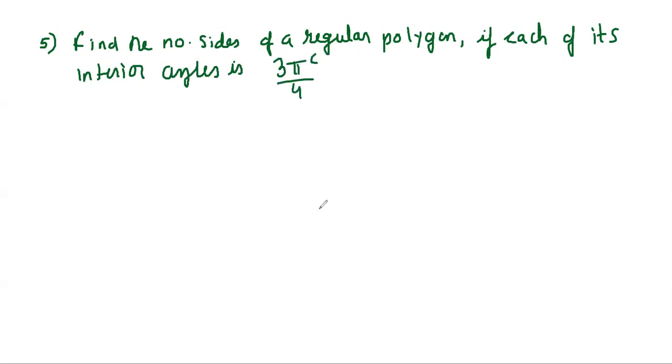See, each interior angle is already given. We have to find the number of sides of a regular polygon. We are not given whether it is a pentagon, octagon, hexagon, whatever. It is not given to us.